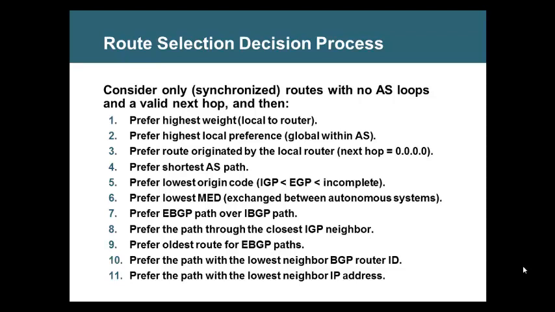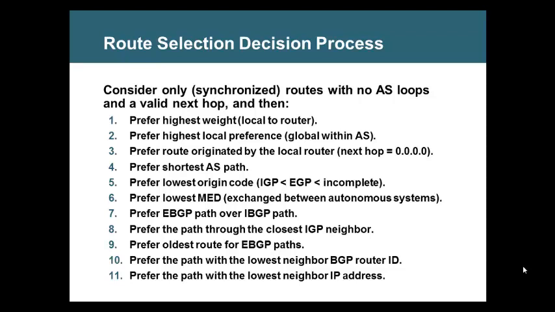Fine. So when we have a valid next hop, and if you have two paths to a destination, two different paths via two different autonomous systems can take you to a destination, and both paths have got a valid next hop, based on the weight, you can choose one path and ignore the other.